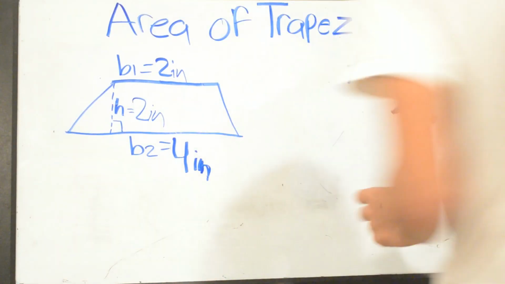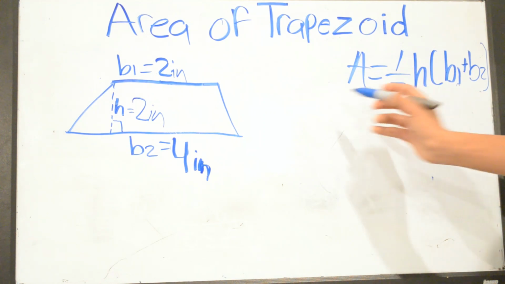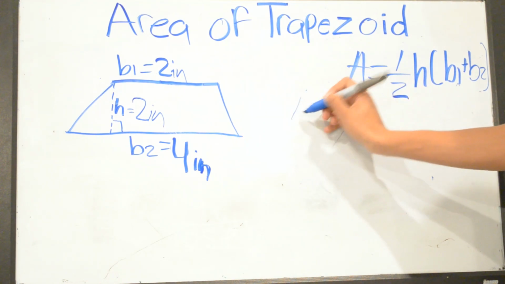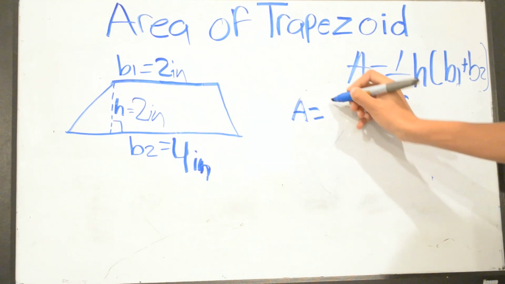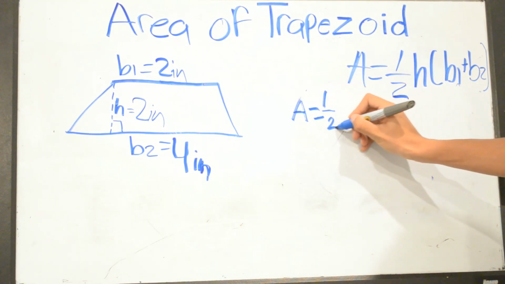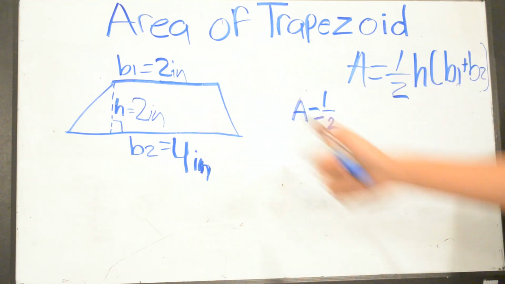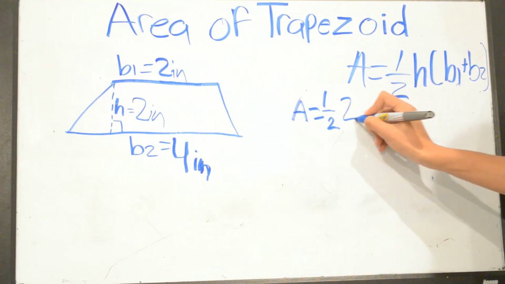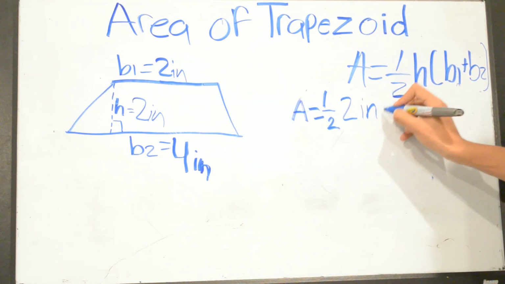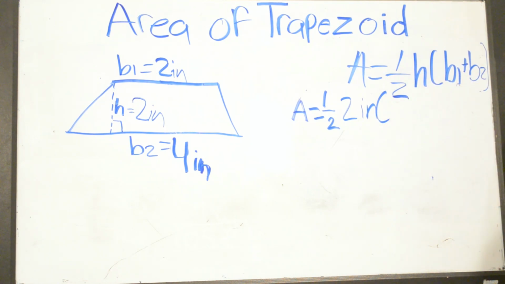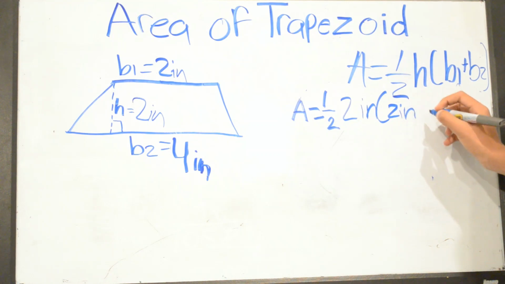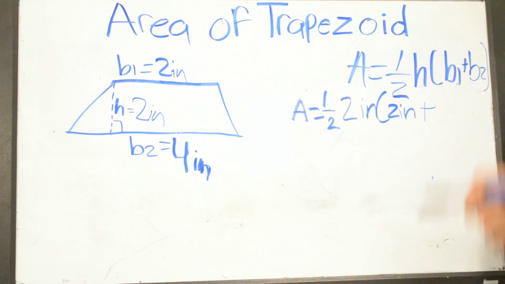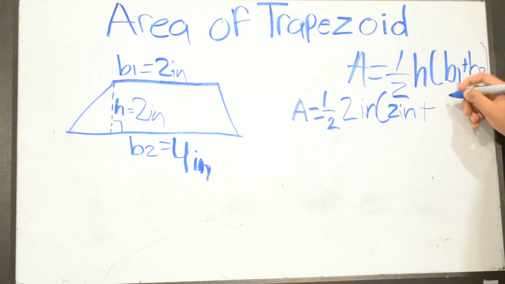Now we rewrite it as A equals 1/2 our height, which is 2 inches, parentheses, and our base 1, which is 2 inches, plus our base 2, that is 4 inches.